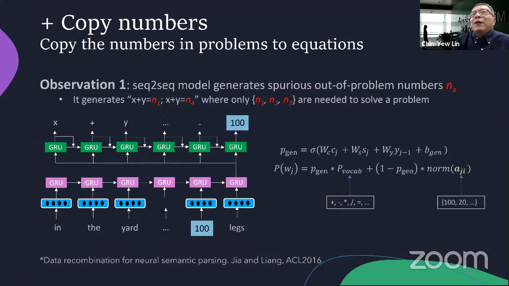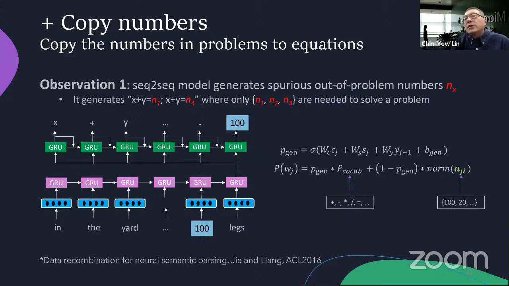For example, there are only three numbers, but it generates a fourth number. It generates an equation like x plus y equals n1, x plus y equals n4, where x and y are variables and n1 is some number. So suppose there are three numbers in the problem, but the equation template generates n4. To solve this, we introduce a copy mechanism.